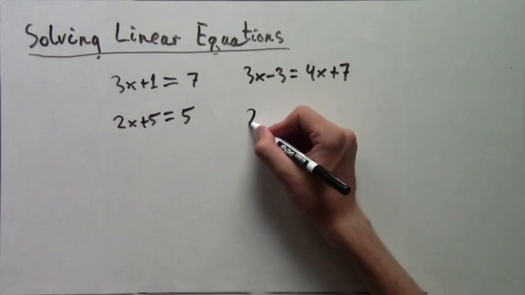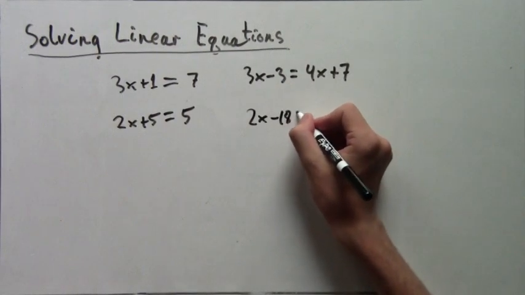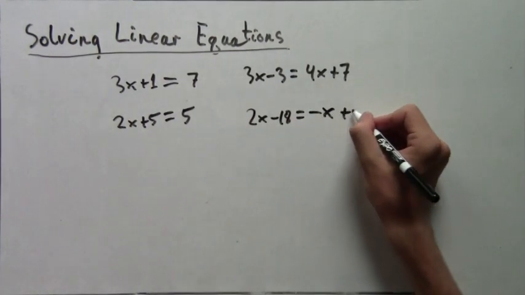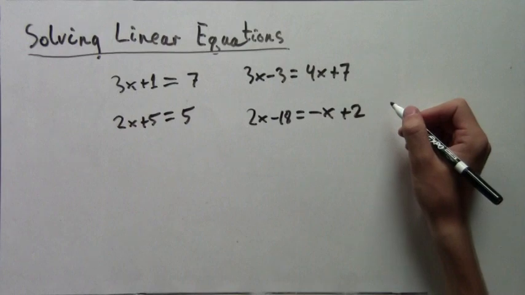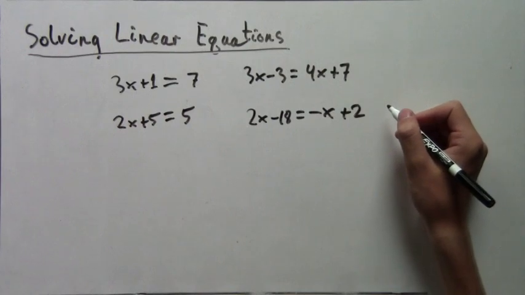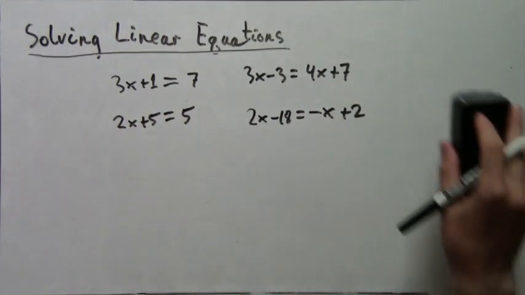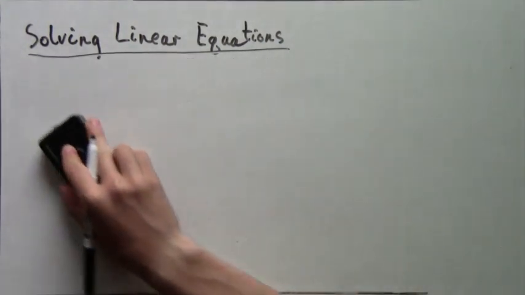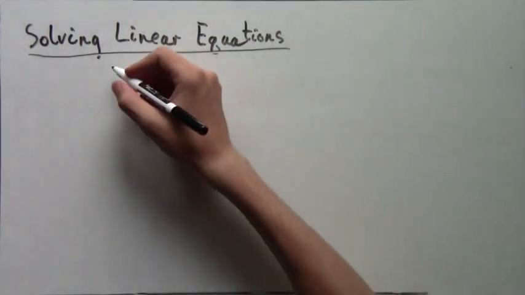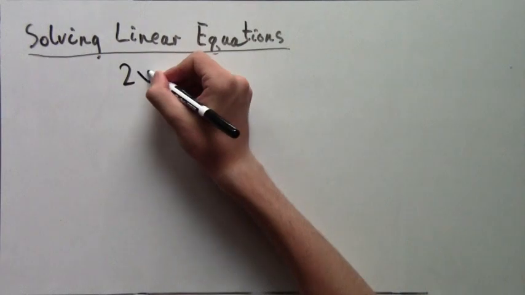Or another linear equation could be 2x minus 18 equals negative x plus 2. It's an equation where you have some variable x and then other numbers multiplied to it and added to it, and you have an equal sign somewhere.